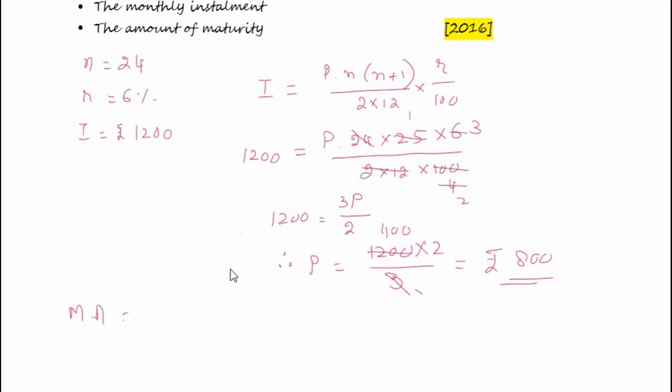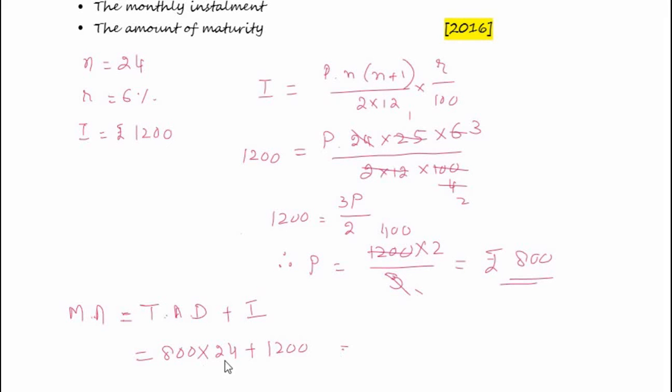So maturity amount is the total installment paid, so total amount deposited plus the interest. What is the total amount deposited? Monthly you have deposited 800 into how many months? 24 months, plus the interest. Interest is 1200.